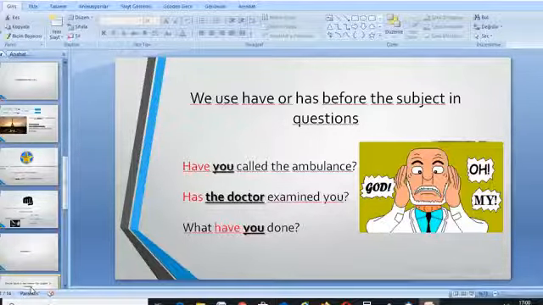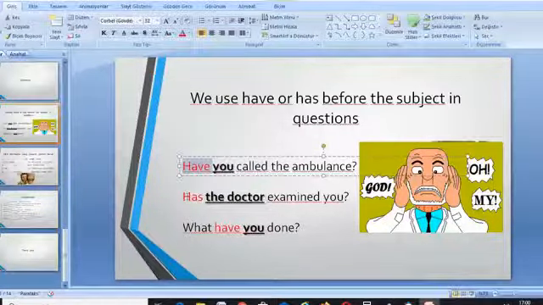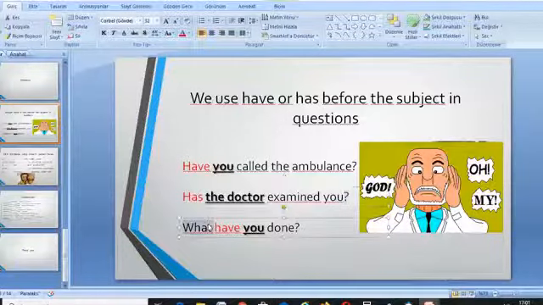As your subject is you, we use have, but as you see, we use have before you. Has the doctor examined you? The doctor has, but as it's a question, we use them before the subject. What have you done? So in questions, as a question word, we use what?